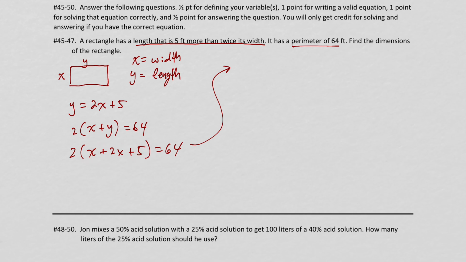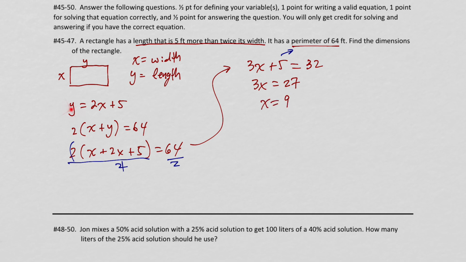So I have 3x plus 5 is equal to 32. What I did is I divided each side by 2, and that canceled. And so we have the 3x plus 5 here is 32 here. So I'll move this over, and we'll get 3x is equal to 27, and then dividing by 3, we get x is equal to 9.